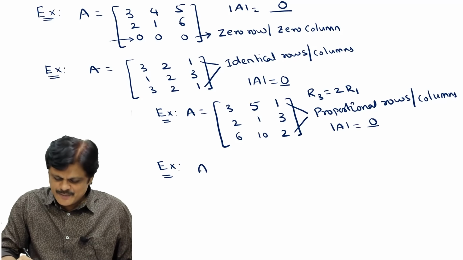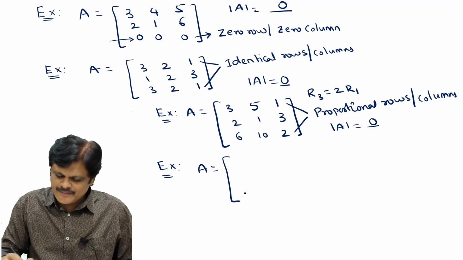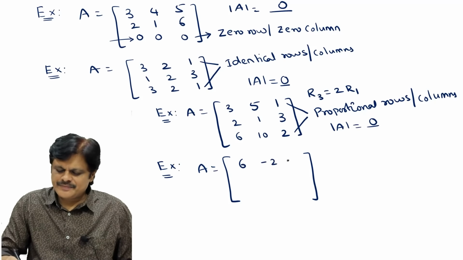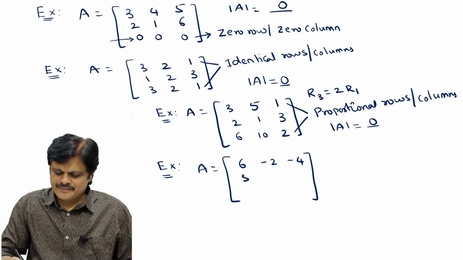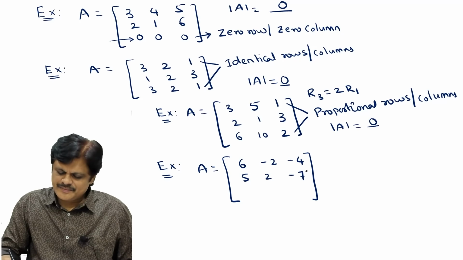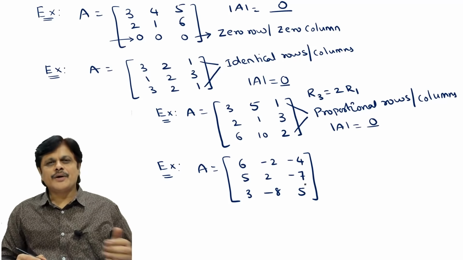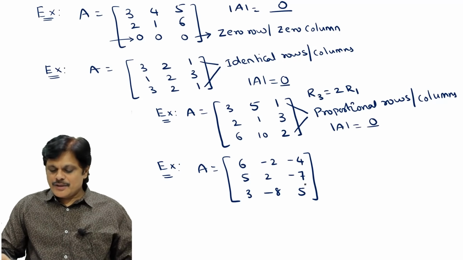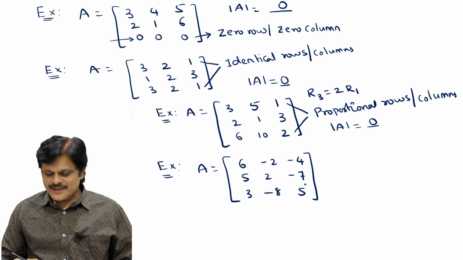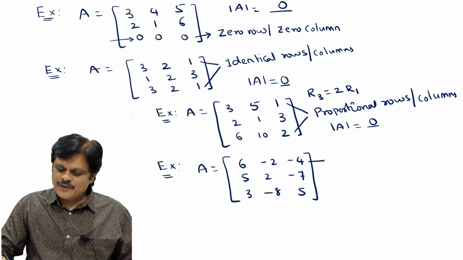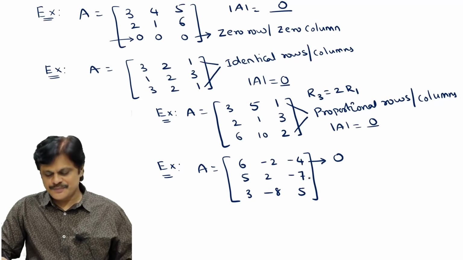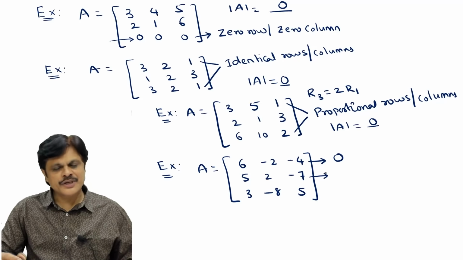Next example. Now consider this particular example. So here we don't have any of these properties, but if you add the elements in the first row, the answer is 0. That is, the sum of the elements in the first row is 0.